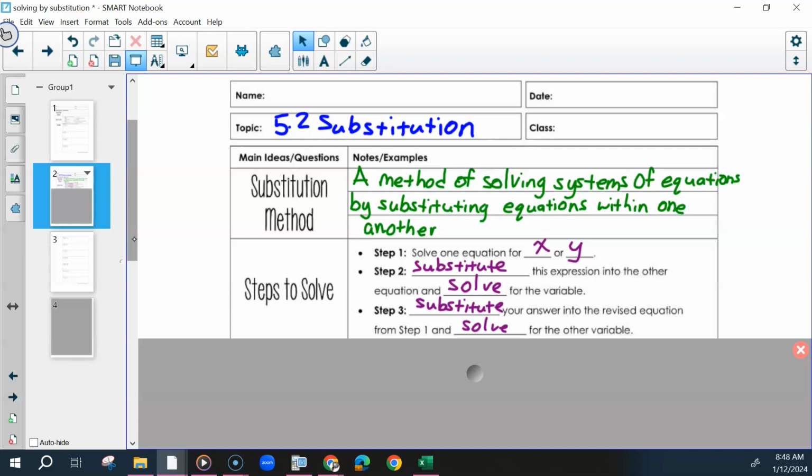That is the definition of the substitution method. And then to solve one equation for x or y, substitute this expression into the other equation, solve for the variable, substitute your answer into the revised equation from step 1, or just an equation, and then solve for the other variable. So it's a lot of solving, substituting, solving, substituting, solving.